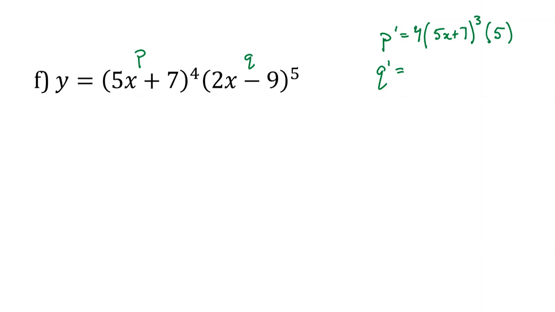And then Q. Bring the 5 down out front. 2x minus 9 to the 4 times the derivative of what's inside, which is 2.